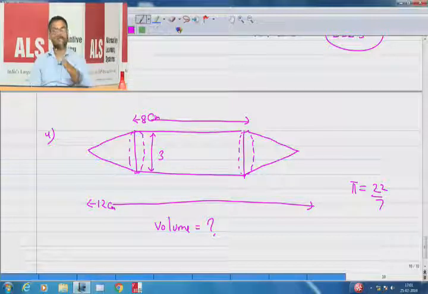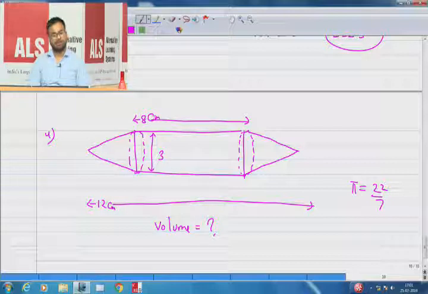And the answer is an exact integer answer. Yes, Sisipur, the answer is right, correct.